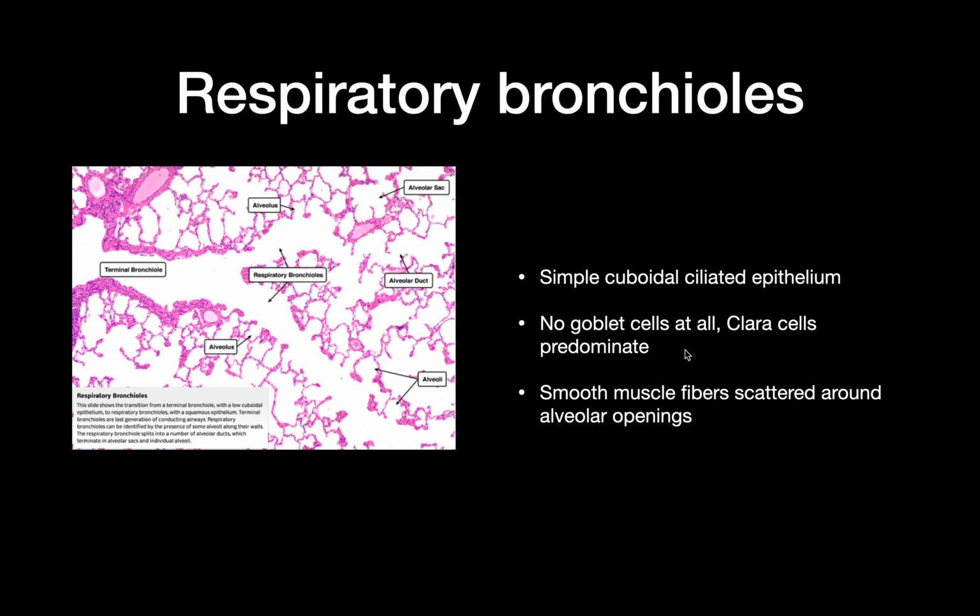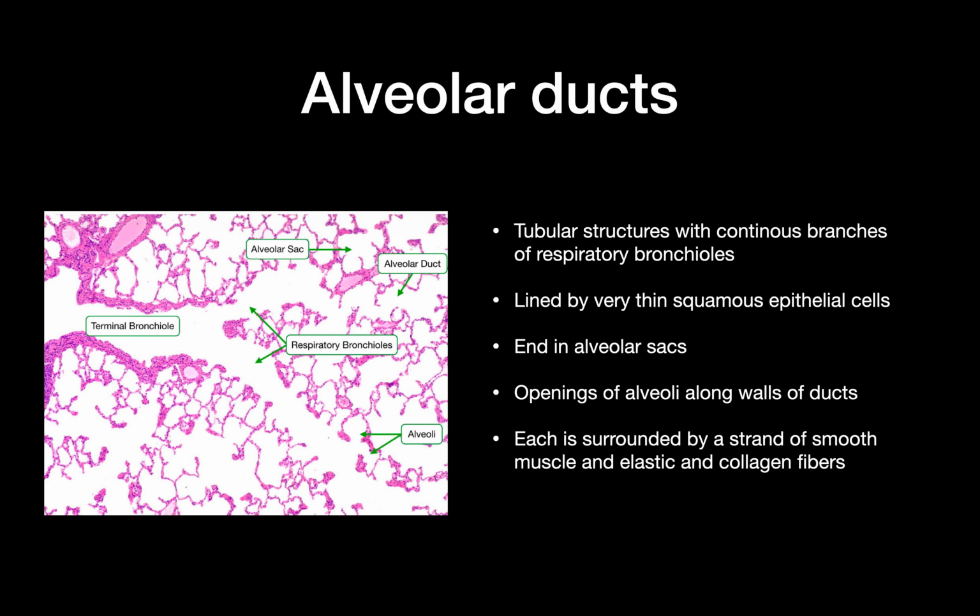So there aren't any goblet cells, Clara cells are going to predominate, and there are only a few smooth muscle fibers. Further in, alveolar ducts are going to be tubular structures, and they have continuous branches, so they're not interrupted. They're lined by very thin squamous epithelial cells, and they end in the alveolar sacs.